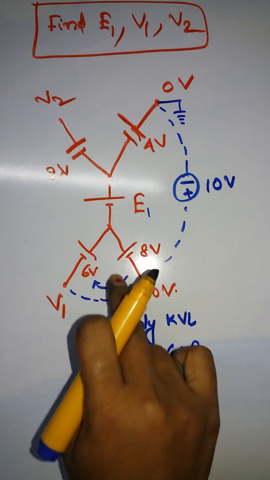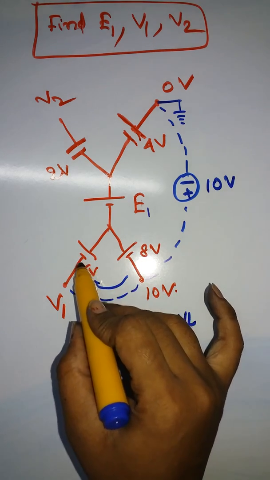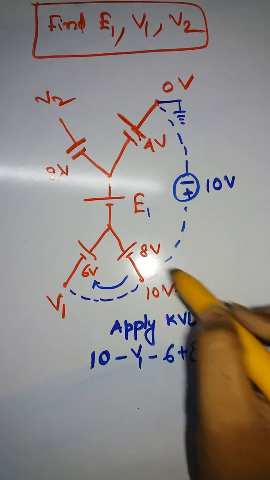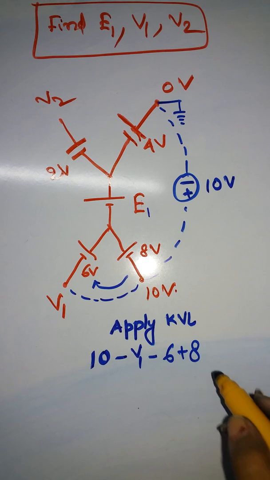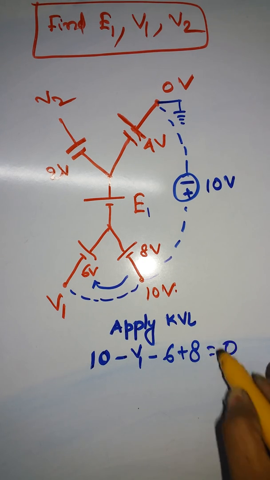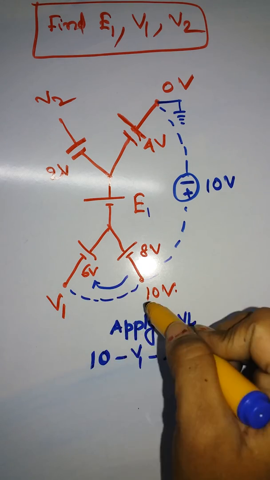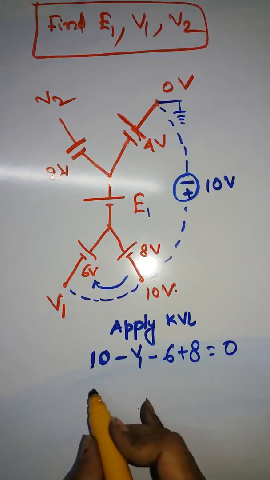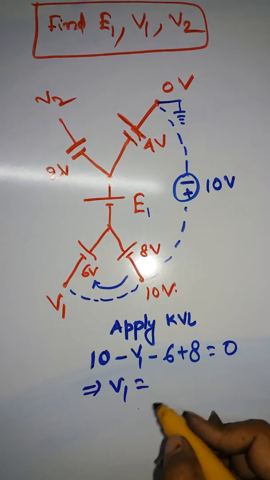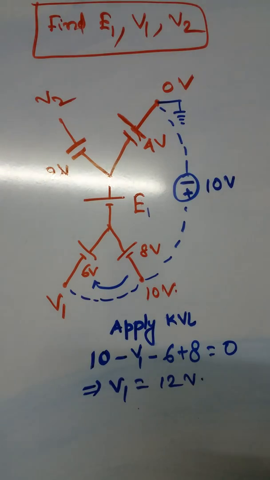I hope you understand the sign conventions. 10, V1, this negative, this minus 6, and then 8 positive. This is equals to 0. So you have taken all the voltage sources over here, 10, V1, 6, 8. So how much will be your V1? It is going to be 12 volt.